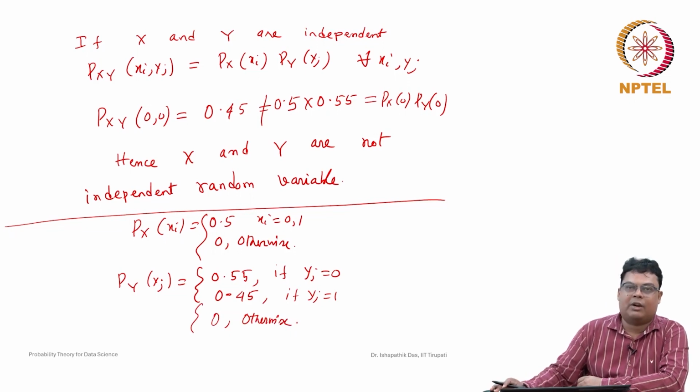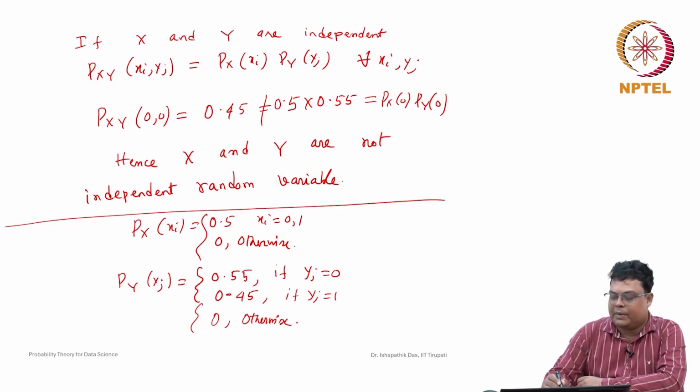Basically both are Bernoulli random variables, here with probability p 0.5 and here with probability p 0.45. If you remember the Bernoulli random variable, otherwise you can use this probability mass function.